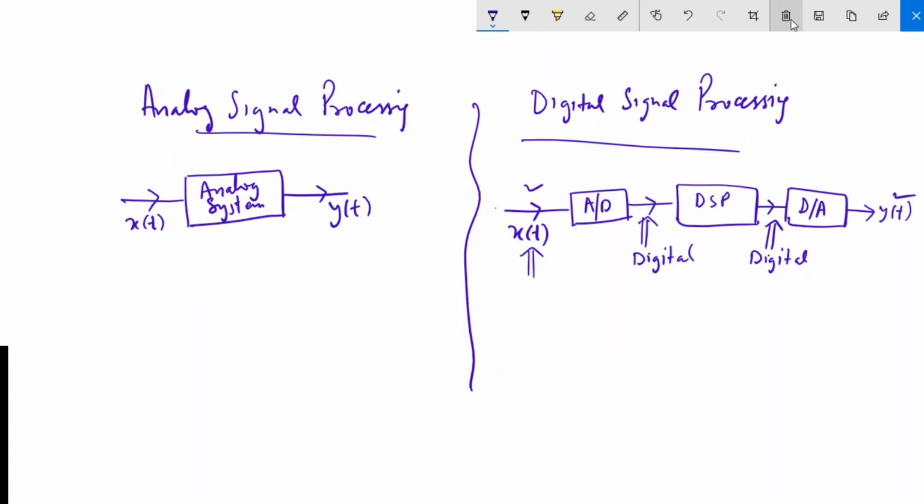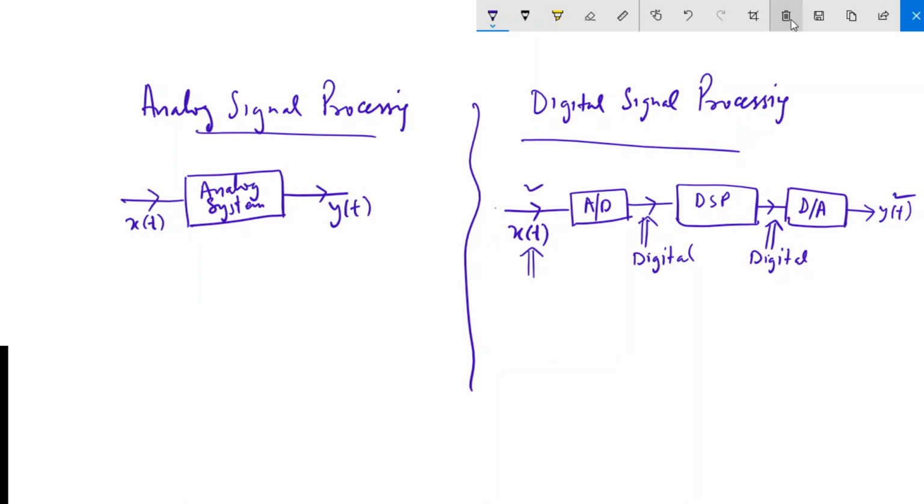So these are the basic blocks in a DSP system. So you have an analog signal, you have an A to D converter, which converts the analog into a digital signal, and then you have a DSP algorithm which processes the digital signal as per the design, which was designed in the system, and then you get a digital output.